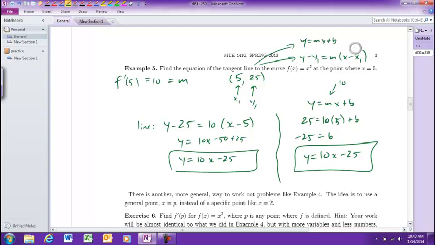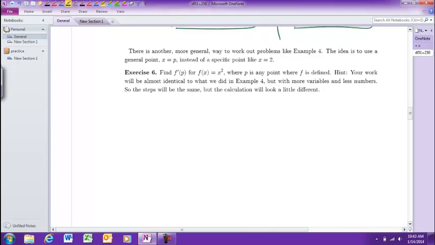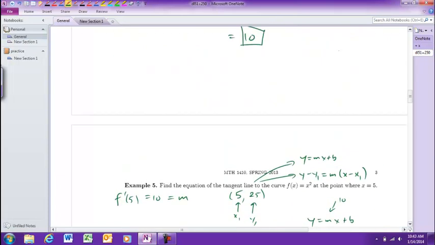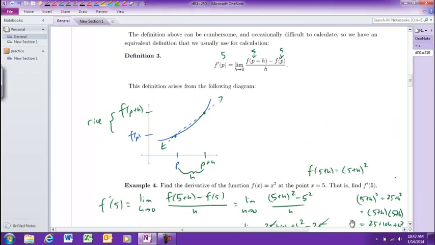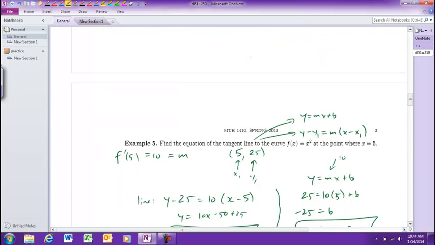You do need to have at least one of these forms memorized and be able to calculate lines that way. So we're going to do an exercise now, and basically the idea for this is when we calculated the tangent line here, the derivative, we found it at a specific point 5. But you could actually do it more generally. Instead of a number 5, you could put in a letter, p, and do the exact same calculation with the variable p instead of the number.